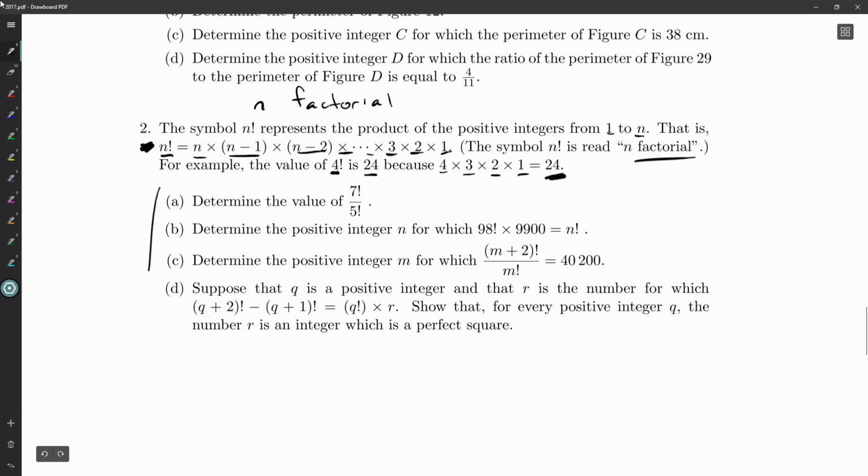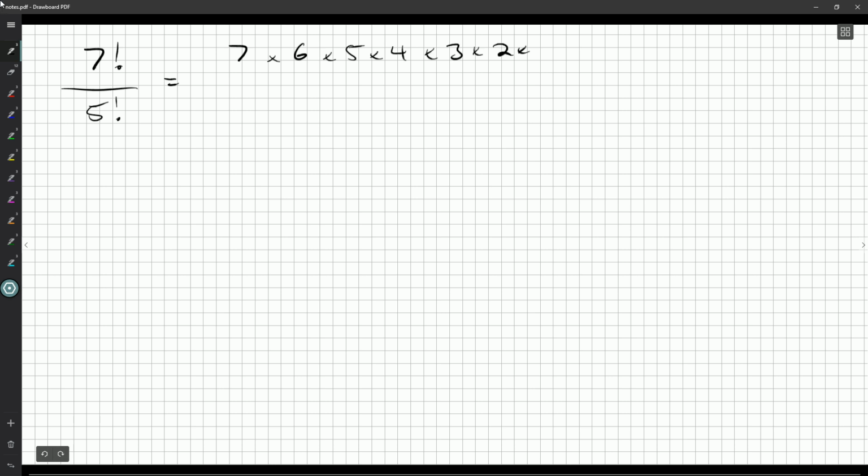So we've got 4 parts here. Part A: determine the value of 7 factorial over 5 factorial. So we want to actually work it out. We could just say 7 factorial is 7 times 6 times 5 times 4 times 3 times 2 times 1, and 5 factorial is 5 times 4 times 3 times 2 times 1.